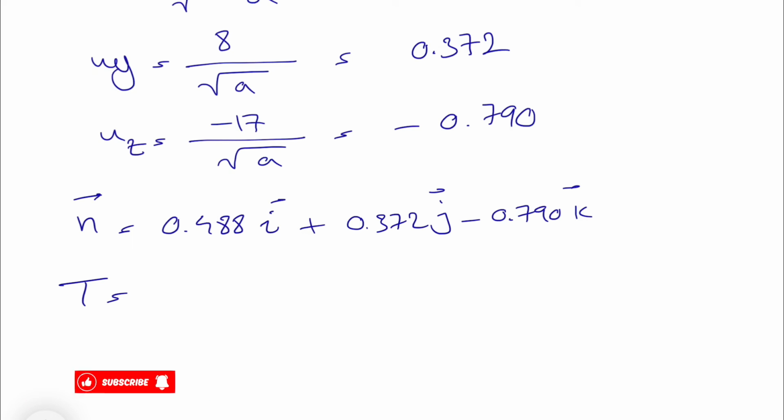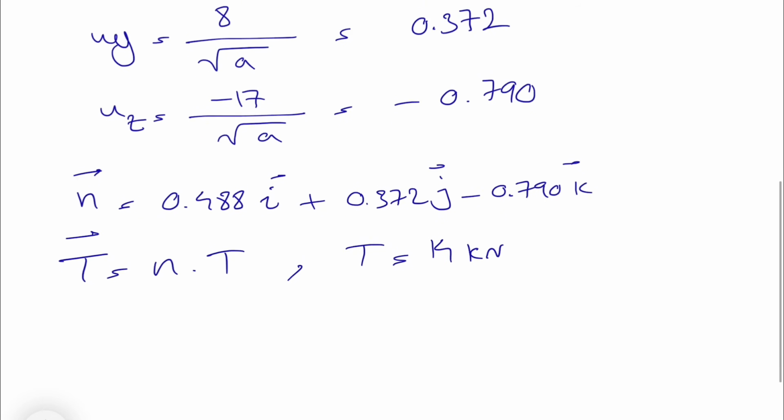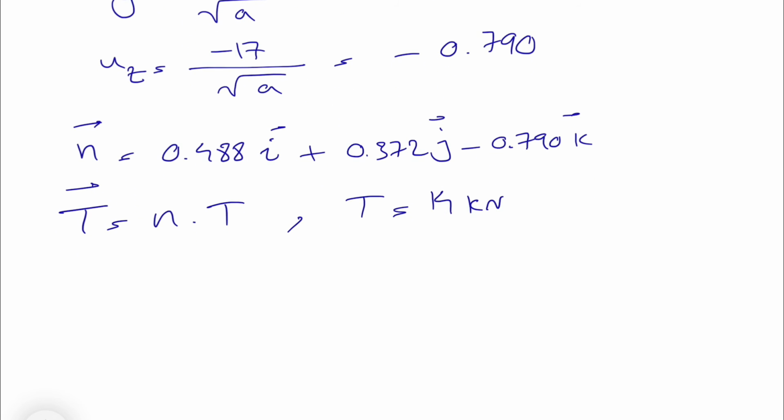So that was the first part of the question. In the second part of the question, we need to use n, the unit vector that we found, to find the scalar components of t. So if we want to find t, we simply have the unit vector times the magnitude of t.